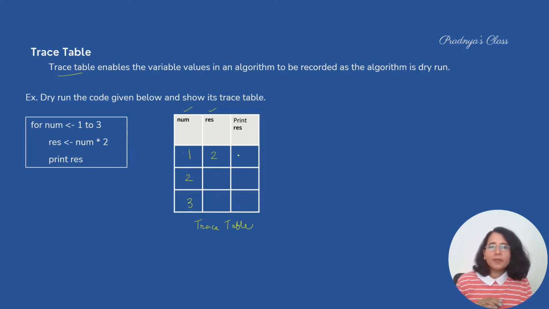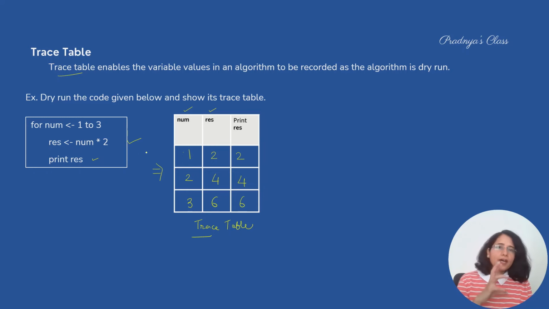So we are printing that also, we will get the answer 2. In the next iteration, the value of num will be 2, and num into 2 means 2 into 2 will be 4, and in the next step we are printing the result also. So we will get this answer. Again in the next iteration, the value of num will be 3. So 3 into 2 will be 6, and we are printing the result also.